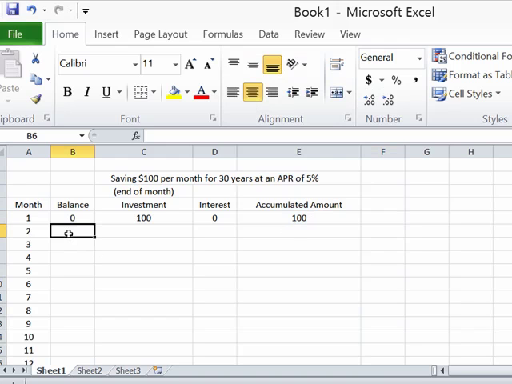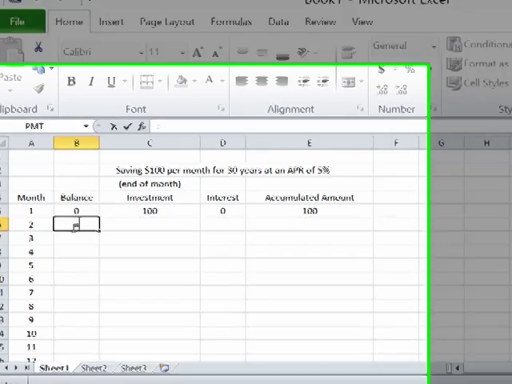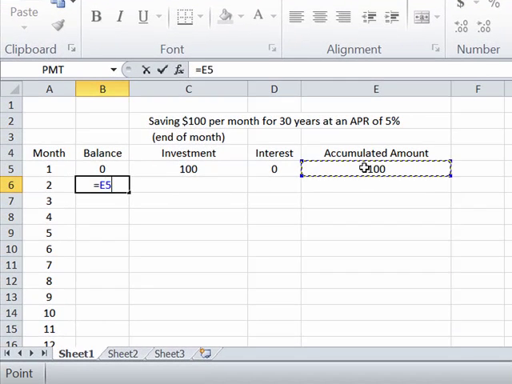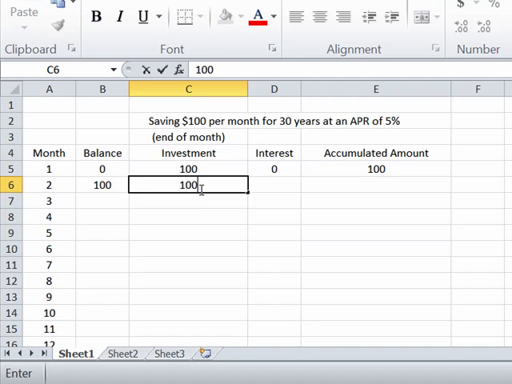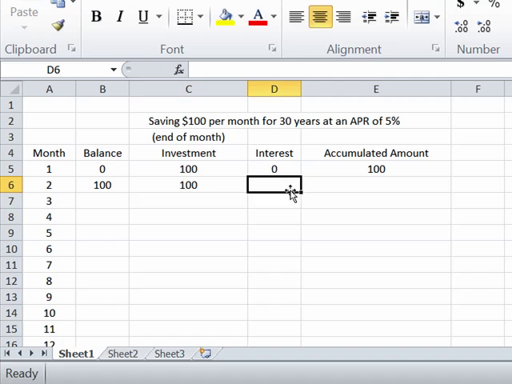So the second month now, we're going to have equal to whatever that accumulated amount is. That's going to be my new balance. And of course, my second month investment will be $100, just like before. So now the interest is going to be equal to, remember, just the balance times 0.05 / 12.